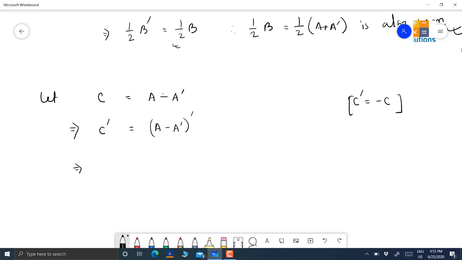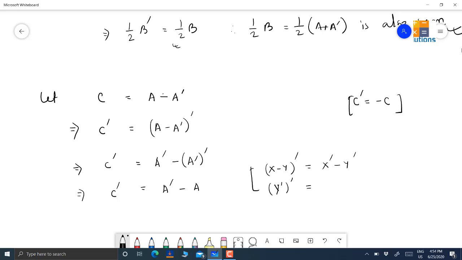So after this, what do we get? C dash is equal to, by property of transpose, A dash minus A dash whole dash. So what result do we get? C dash is equal to A dash minus A. I am using the concept x minus y whole dash is equal to x dash minus y dash, and along with that this property: y dash whole dash is equal to y.